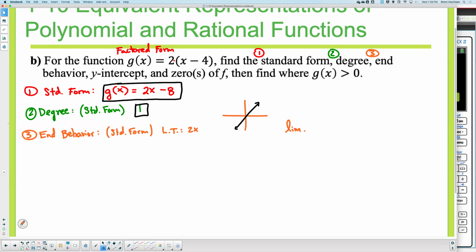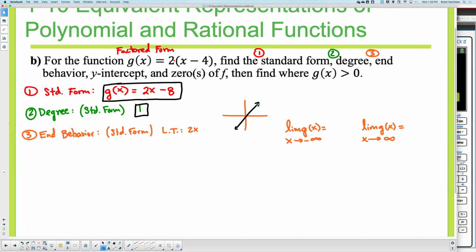These are going to be limits. Remember, this one's called g, not f. Sorry, g of x. We're going to talk about as x decreases without bound, meaning going to negative infinity. And we'll talk about as x increases without bound, meaning going to positive infinity.